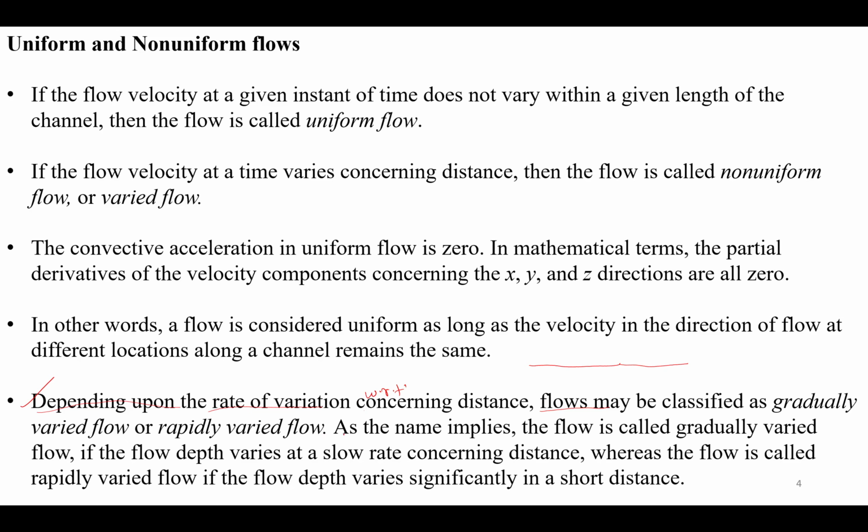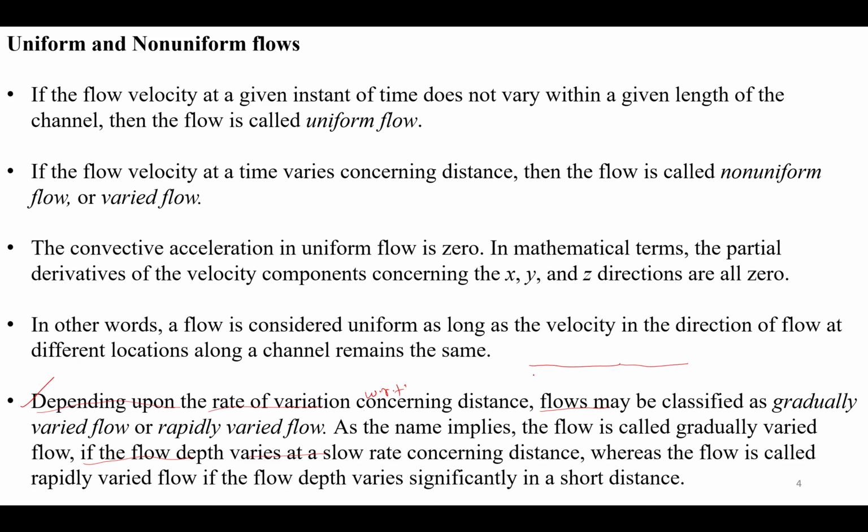As the name implies, the flow is called gradually varied flow if the flow depth varies at a slow rate with respect to distance.